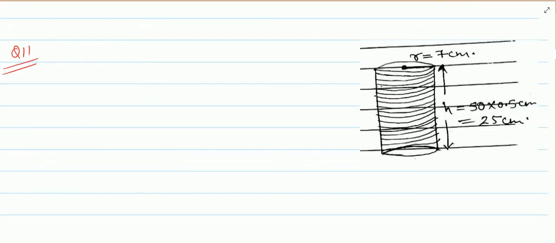Okay, so see over here, try to understand with the help of this figure. So here you can see that 50 plates, okay, have been piled, and for each plate radius is 7 centimeter and the thickness is 0.5 centimeter.